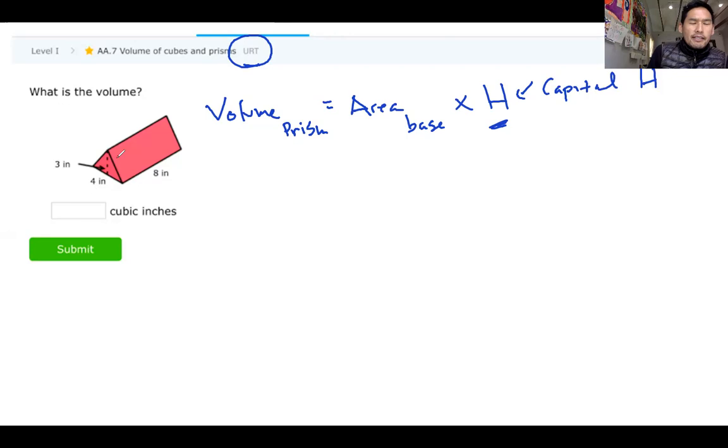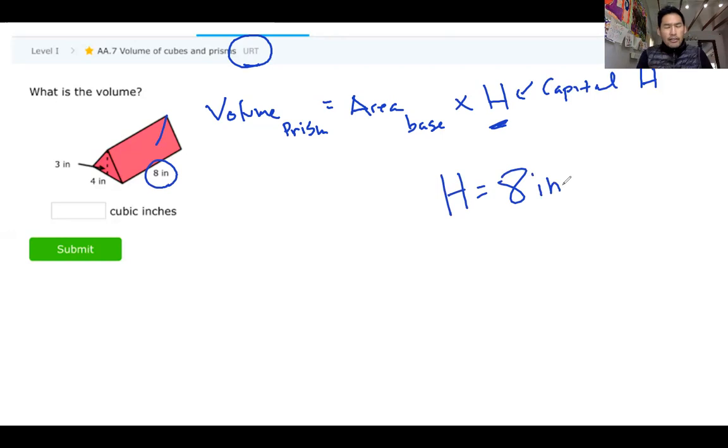So the bases are the two identical polygons, in which case, it's the triangles. I'll draw it again for you. These two triangles make up the base of this prism. So you've got the height is 8 inches. So big H equals 8 inches.